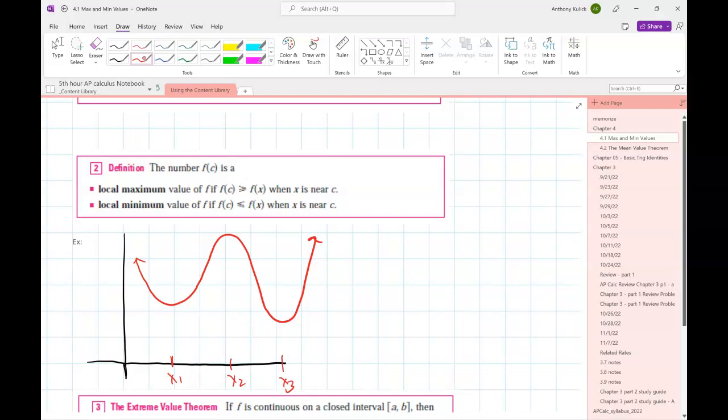We have three values of interest here: x1 comma f of x1, x2 comma f of x2, and x3 comma f of x3.